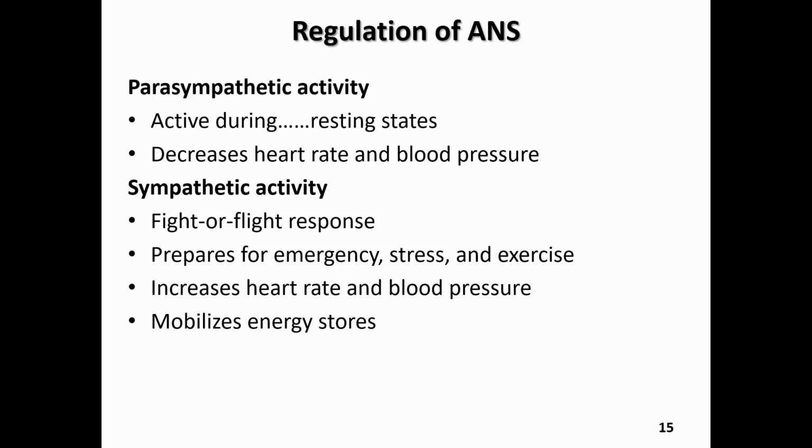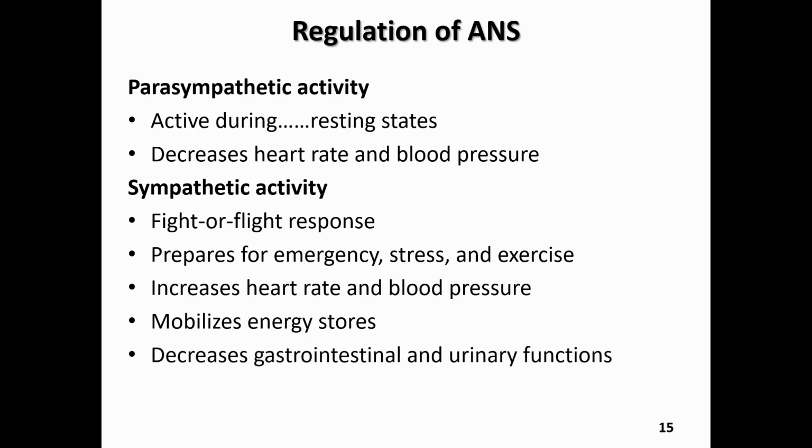In other words, these are effects that will increase the breakup of fuels such as stored fatty acids and stored carbohydrates in muscle and liver cells, and will also decrease gastrointestinal and urinary functions. It doesn't completely zero out GI or urinary functions. The focus here is on activating the cardiovascular system to support heightened metabolic activity, as well as supporting the activity of skeletal muscle cells.